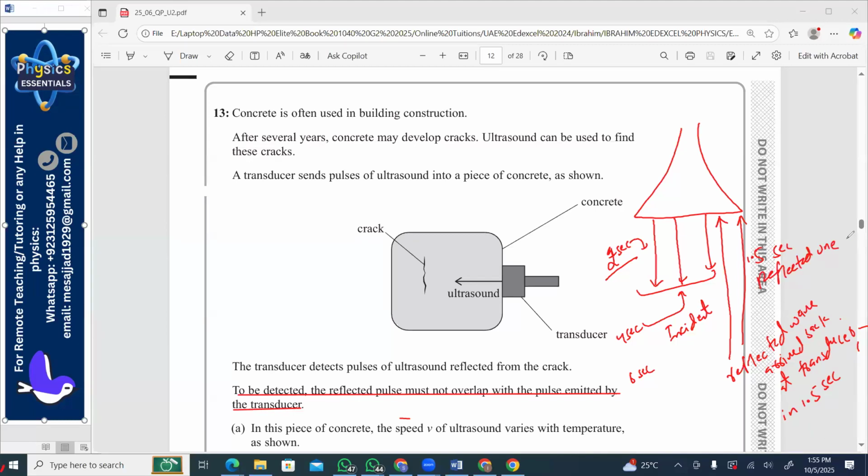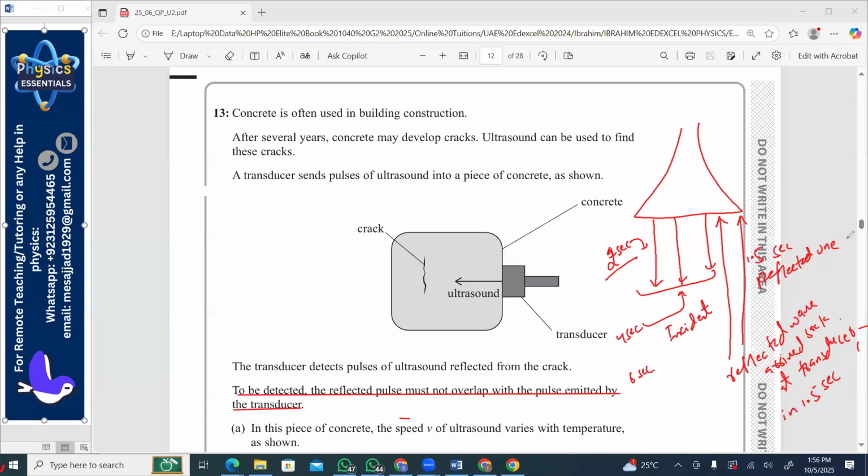Do you think there will be a collision between the incident and the reflected pulse? At that time the transmitter will keep on transmitting, because it takes the full 2 seconds to transmit one signal successfully. And in less than that time, the reflected ray arrives from the crack.